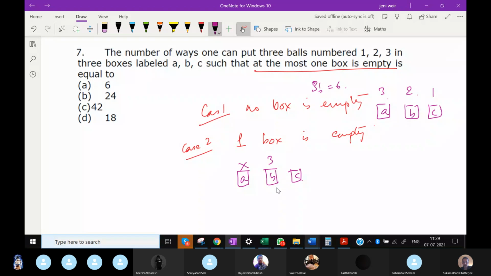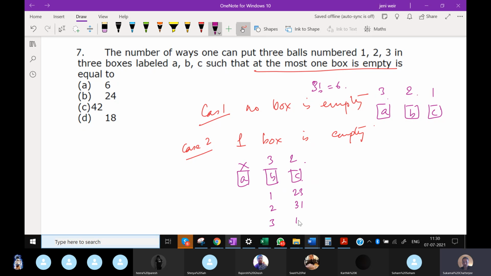So therefore, I can have 2 combinations in C, right? So for example, if I have 1 here, I will have 2 and 3 here. If I have 2 here, I will have 3 and 1 here.